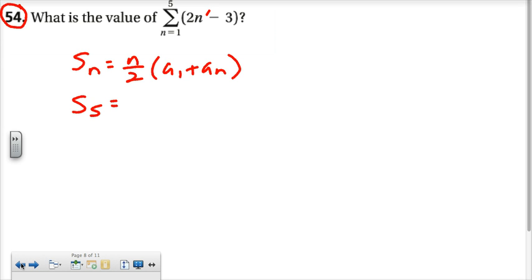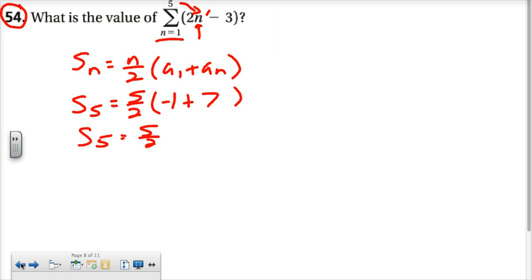And like we said, if this is 1, then you can just take the upper limit. It's just not a habit you want to get into immediately going to that. You always want to check and see. And to find the first term, all you have to do is put a 1 into the formula, and that'll give you negative 1. And then to find the last term, put a 5 in. 2 times 5 is 10, and 10 minus 3 is 7.